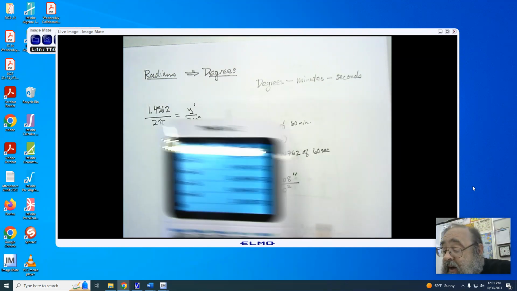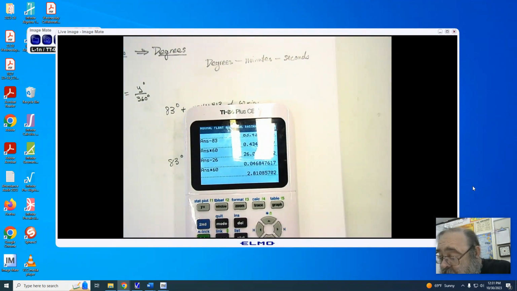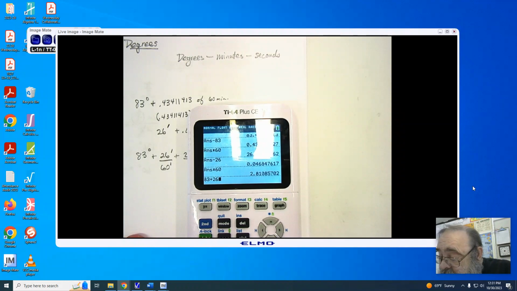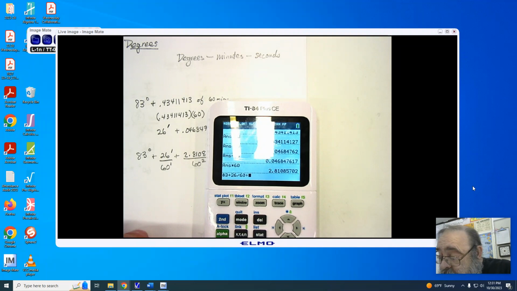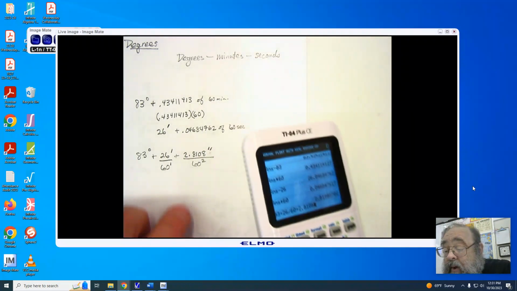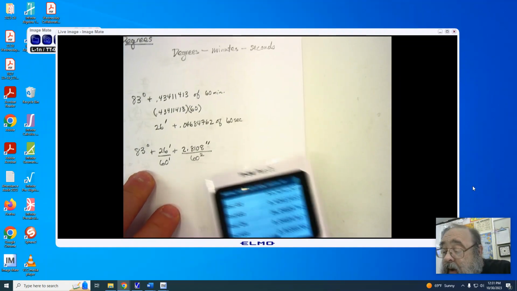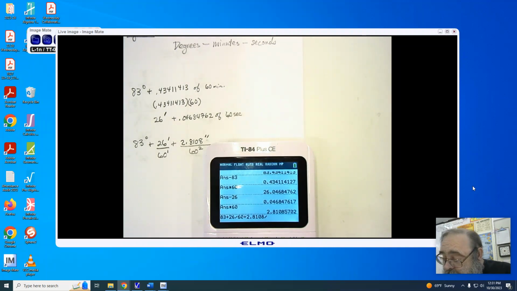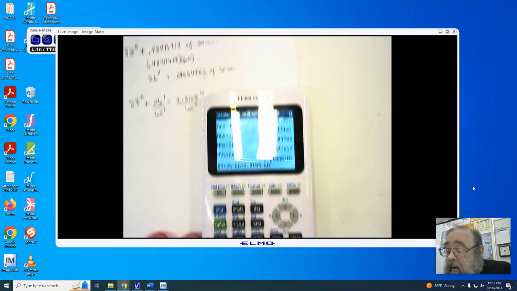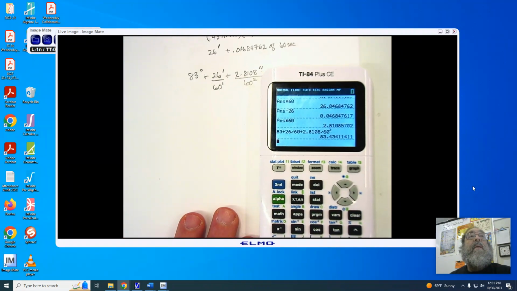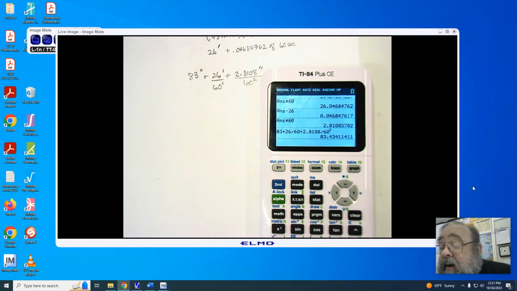So I'm now going to add all of that together: 83 plus 26 divided by 60 plus 2.8108. Keep in mind, the more decimals you use, the better your answer is going to be. And I'm dividing this by 60 squared. Now, when I hit enter, I should see my 83 again.